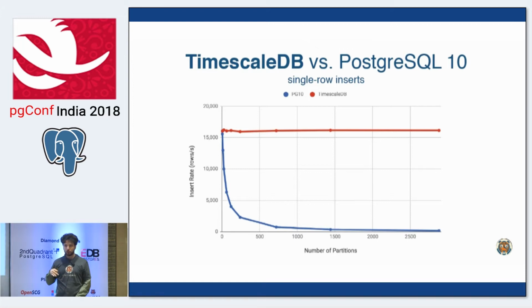But for a time series workload, because you partition on time, you add in the partitions ad infinitum. And so we have had customers with 5,000 or more partitions. It's not that uncommon if you are, say, adding a partition per day, right?